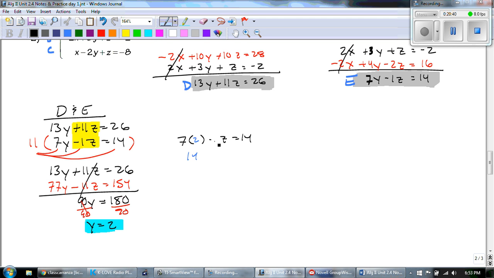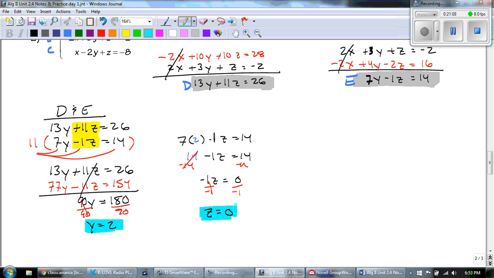Remember, that's minus 1z equals 14. So we subtract 14 from both sides. And we get negative 1z equals 0. And you should already know what your answer is right about now, but we divide by negative 1. And 0 divided by anything is 0.